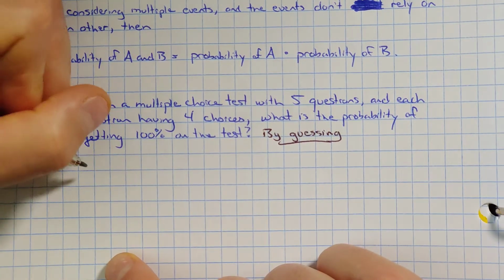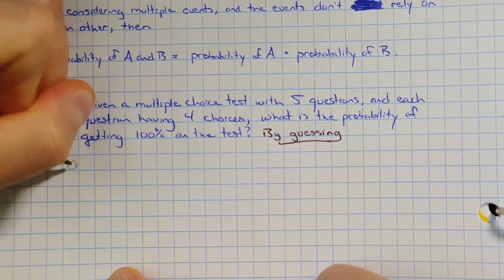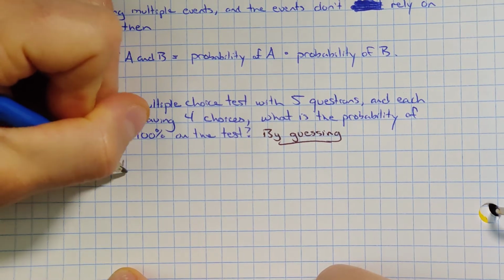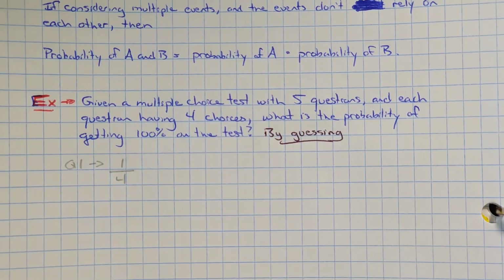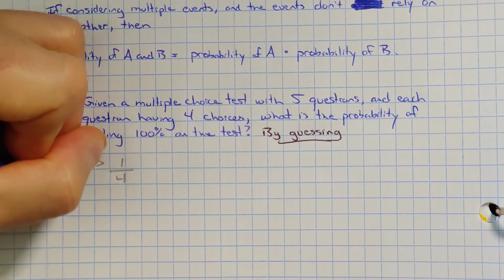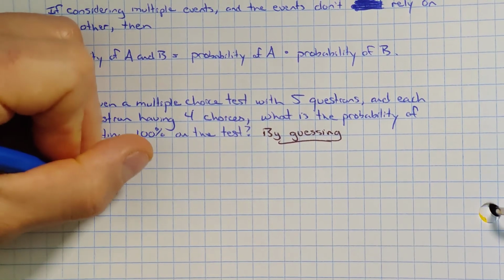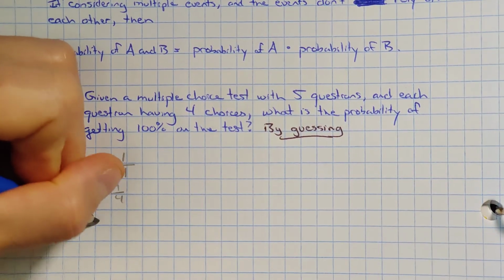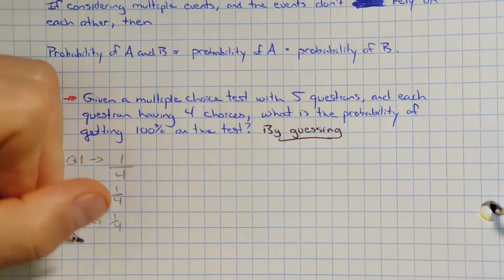Well, the first question has 1 correct answer out of 4 possibilities. Question 2 has 1 out of 4 chances of being right. Question 3 has 1 out of 4 chances of being right.